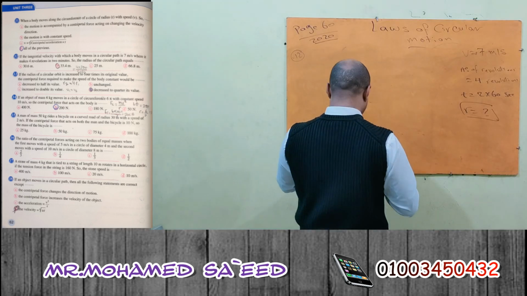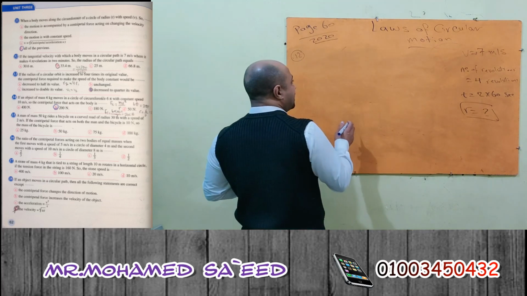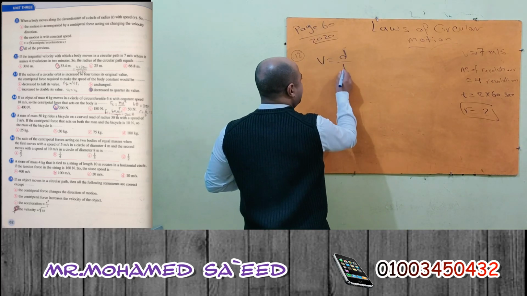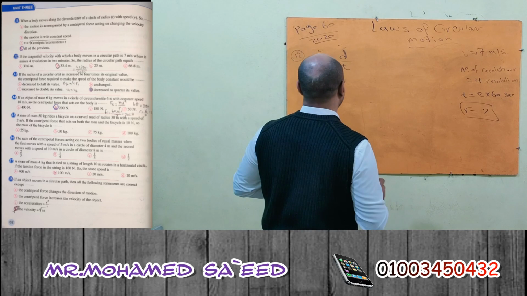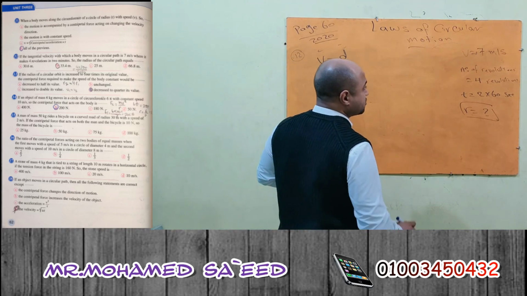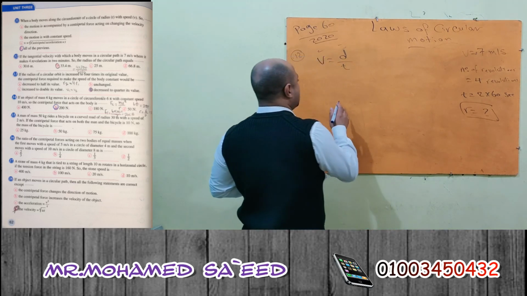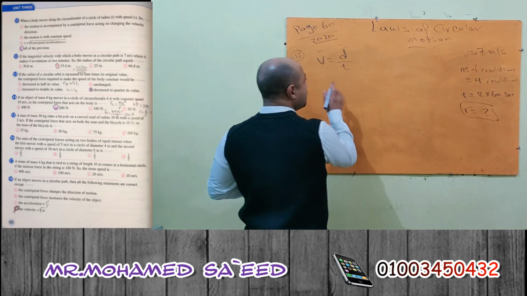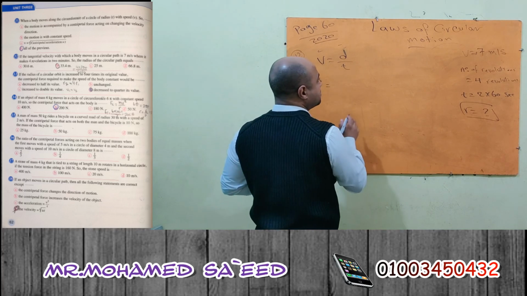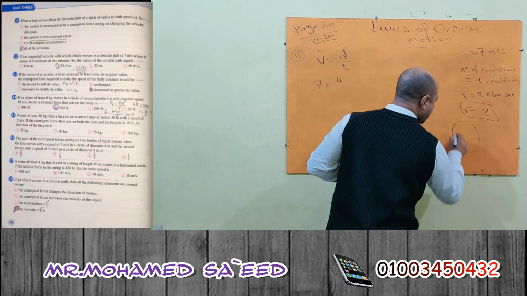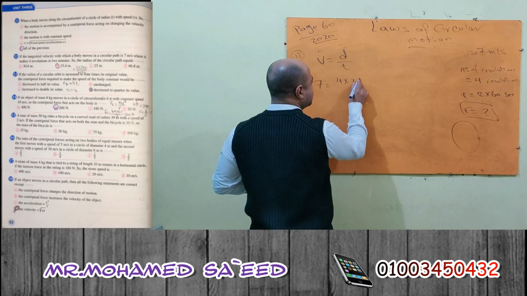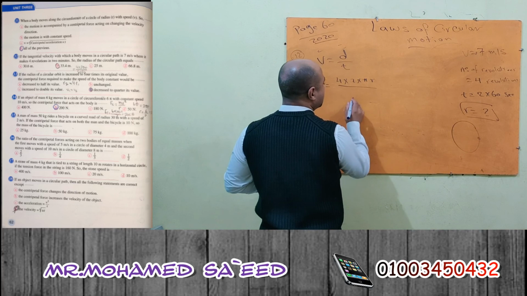We said that the velocity V equals D over T. We have V, D and T. It makes 4 revolutions in time 2 times 60. V equals 7. D is the distance of 4 revolutions, and 1 revolution equals 2 pi R. So it makes 4 times 2 times pi R over T, which is 2 times 60.